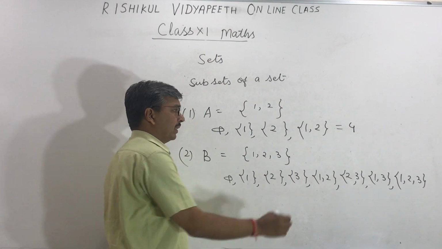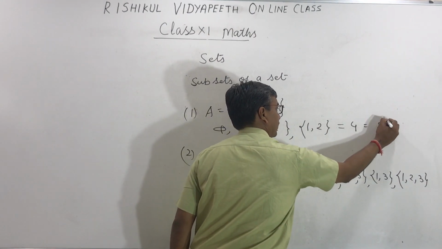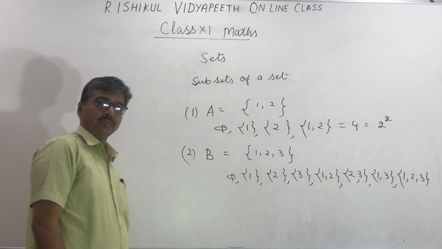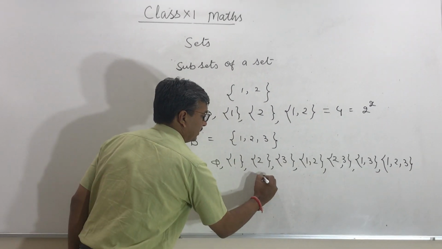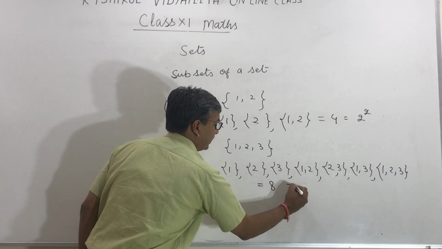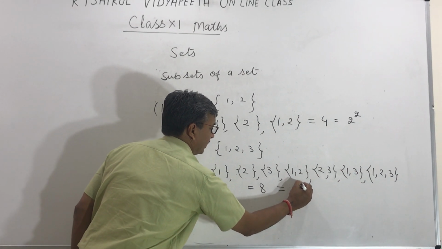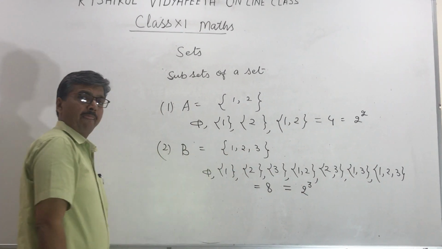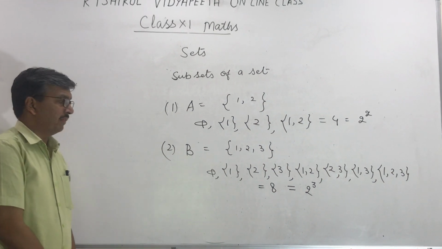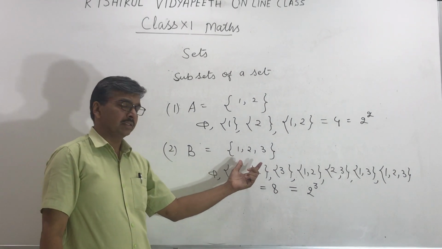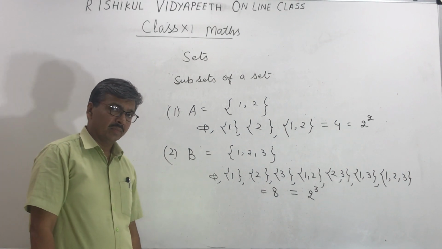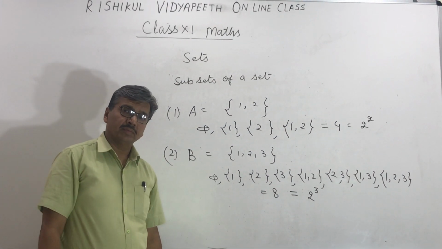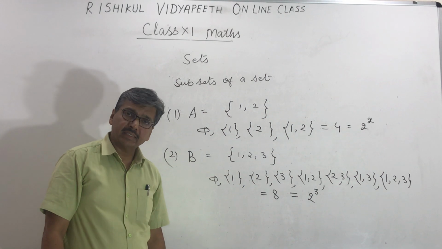Here the number of subsets is 4, or we can write this as 2 raised to the power 2. Here the number of subsets is 8 and we can write it as 2 raised to the power 3. And like this, if we have 4 elements in a set, how many subsets will there be? 2 raised to the power 4. It means 16.